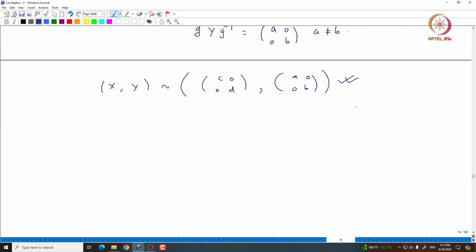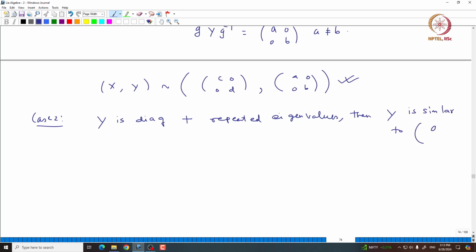Now, if we take case 2, where y is diagonalizable plus has repeated eigenvalues, then we can say that y will be similar to A 0 0 A. Okay.